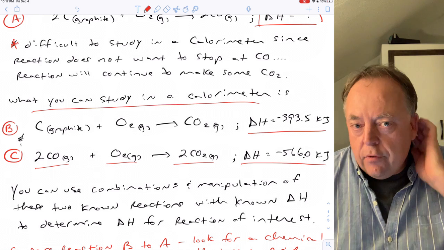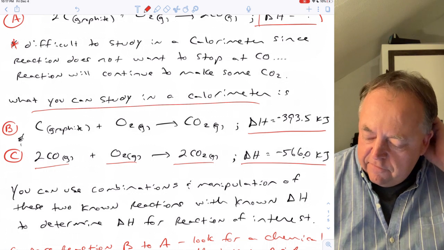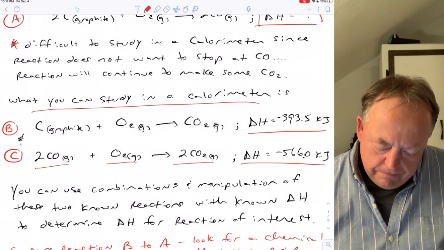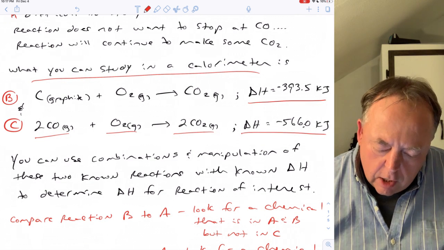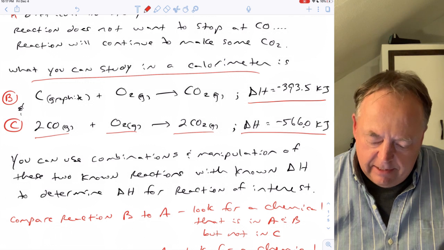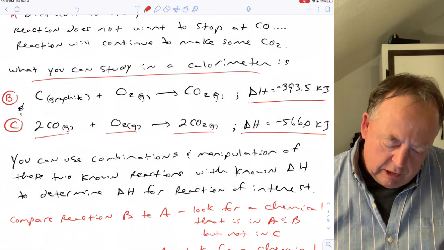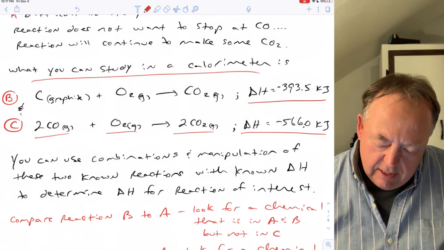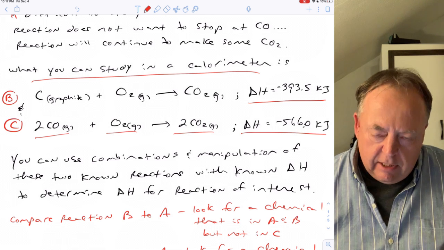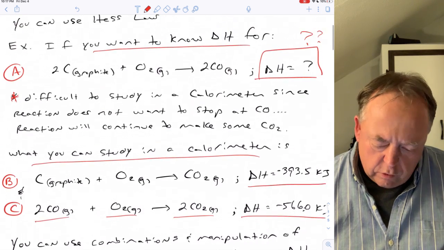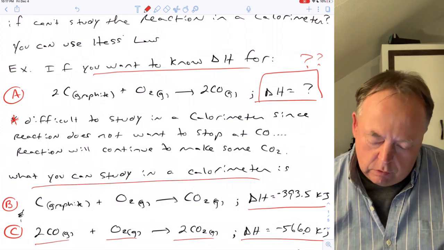Delta H for that reaction is negative 566 kilojoules. With Hess's law, we're going to use combinations of B and C, manipulating these known reactions with known delta H to determine delta H for the reaction of interest, reaction A, which we don't know.